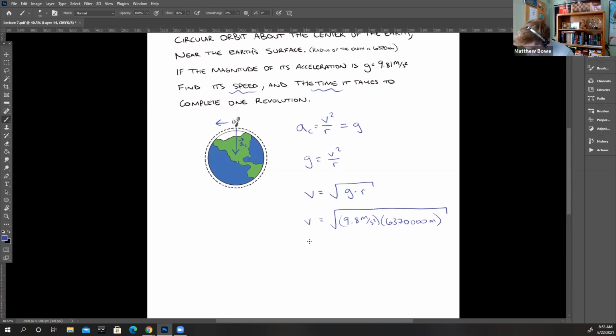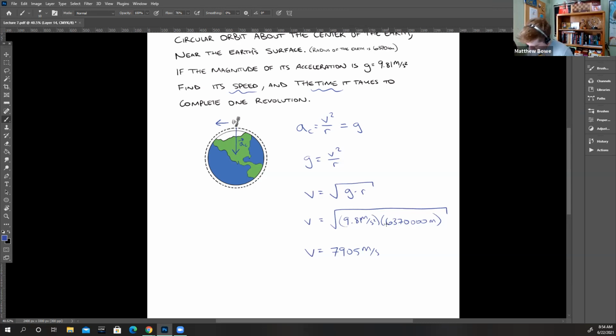So our value is a velocity of 7,905 meters per second. Oh, I'm sorry, there was a 1 here on how we're going to take gravity. So 9.81 meters per second squared.